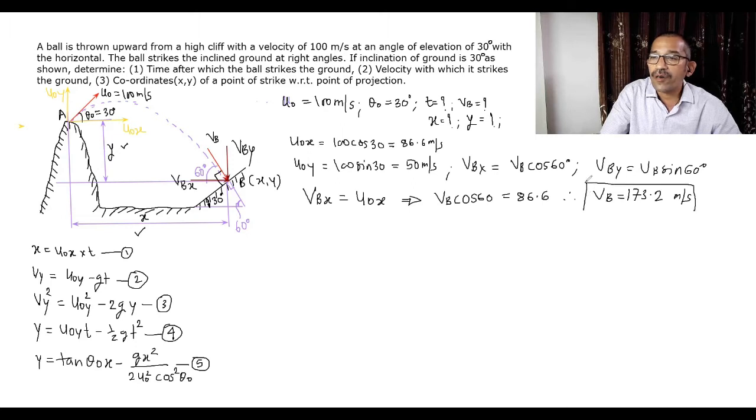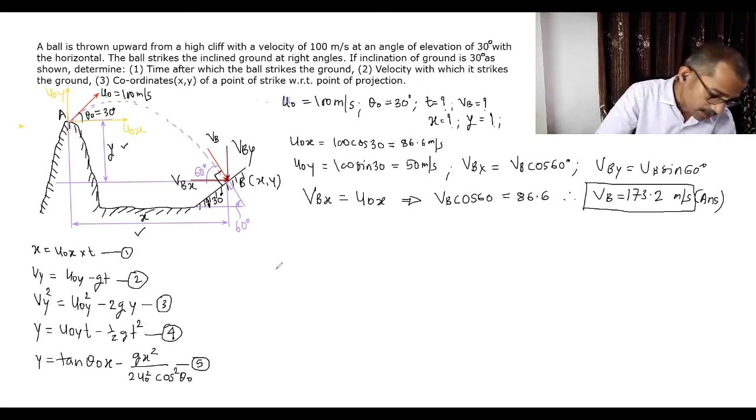Whenever the direction of final velocity is given, here the inclination of VB is given in the problem, then you can equate horizontal components of velocity to get the final solution of the problem. Now VB is known. Now the remaining part becomes comparatively easy.